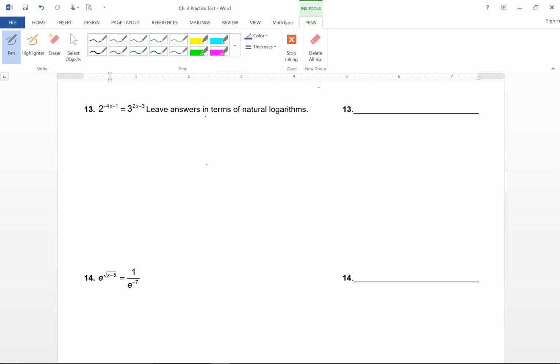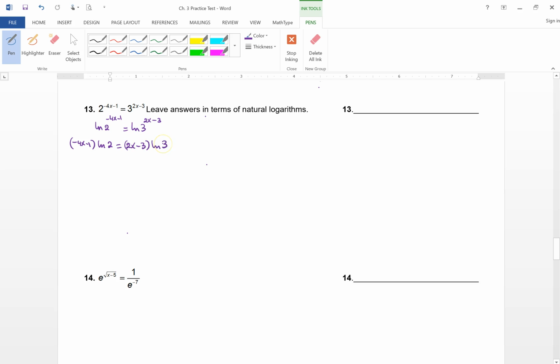All right, here we want to take the ln of both sides. So the procedure for all of these types of problems is the same. It's just a lot of algebra. The negative 4x minus 1 comes down. We can log them too, right? I prefer ln. And I've said here to leave your answer in terms of natural logarithms, right?